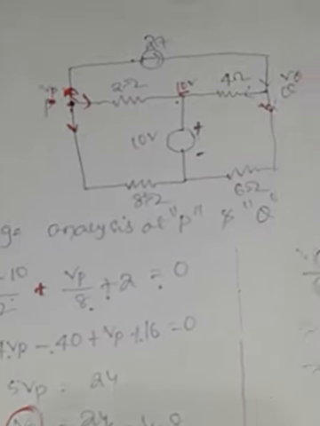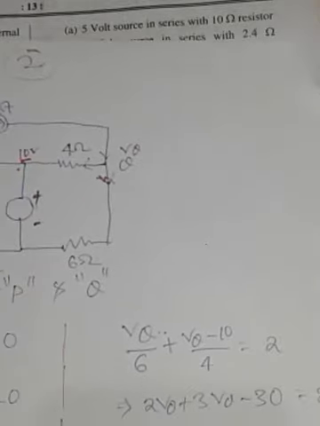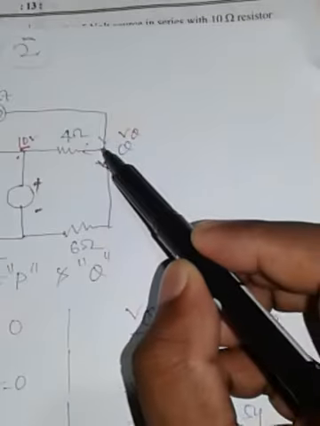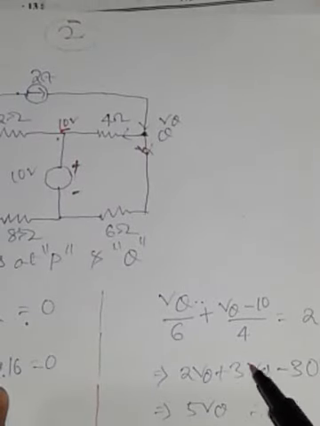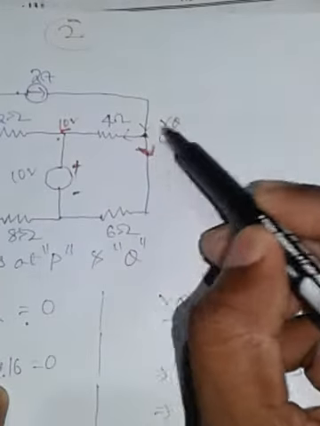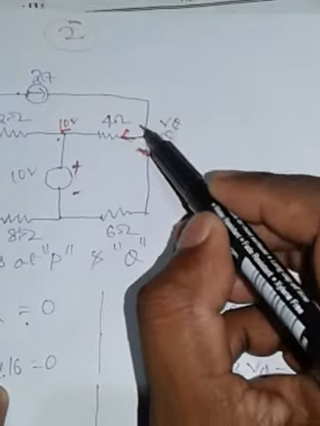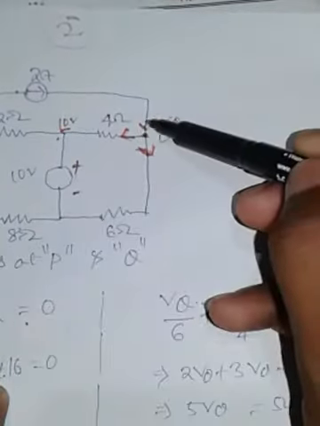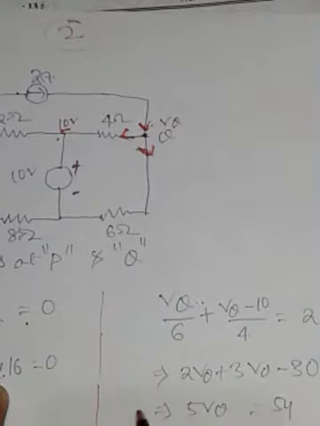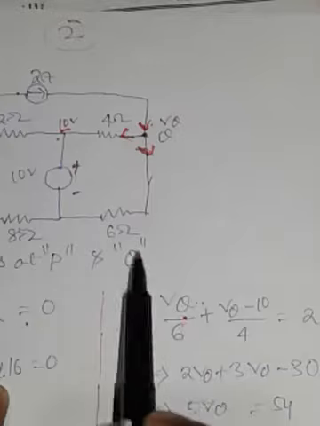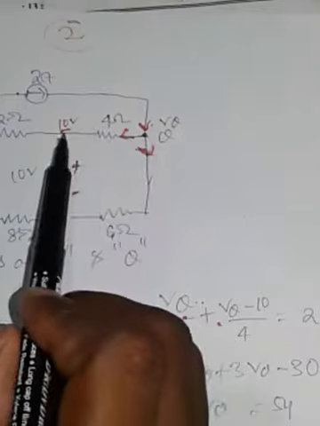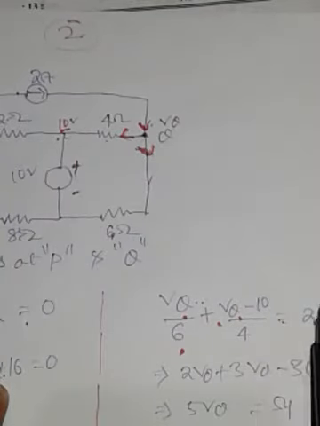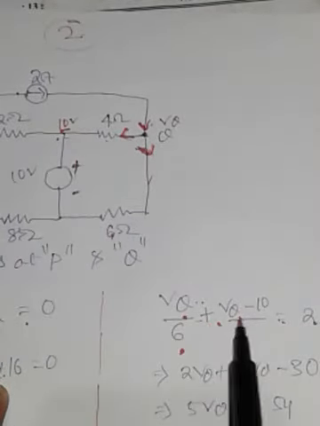Similarly, apply nodal analysis at point Q. At this point also the currents are going away, but this current is incoming, so two terminals are outgoing. So VQ by 8 plus (VQ minus 10) by 4 ohm is equal to 2, because these two are outgoing and this is incoming.